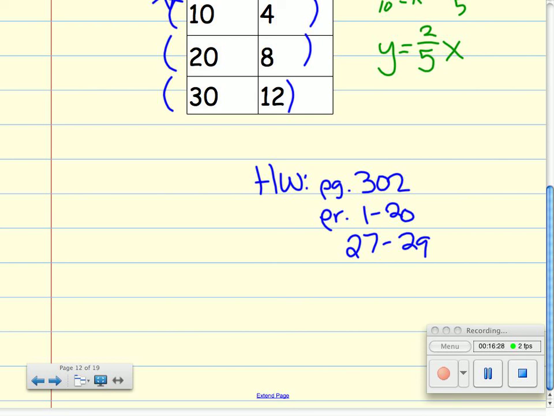I also want you to do, these are really good problems, 36 through 39. So you have quite a little sectioned off parts of the homework. It should go good.